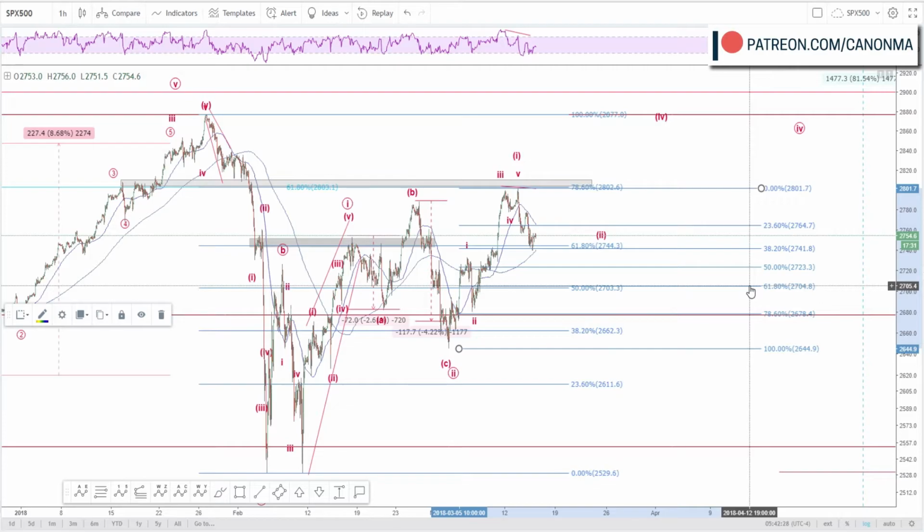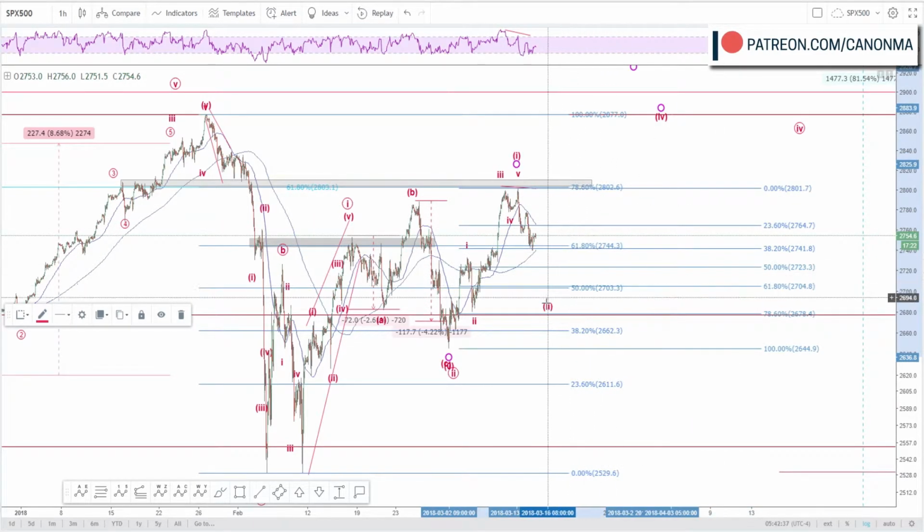A break below 2700 to me would also be very telling, as that would also begin to dissolve the possibility that this is a minuette wave to pull back to a larger push up on minute wave 3 as well. So yeah, watching the S&P, those are the important zones.